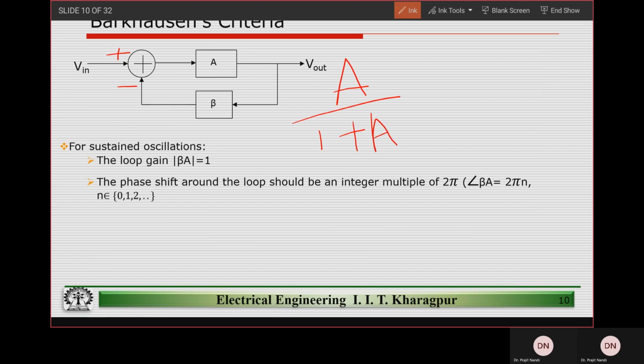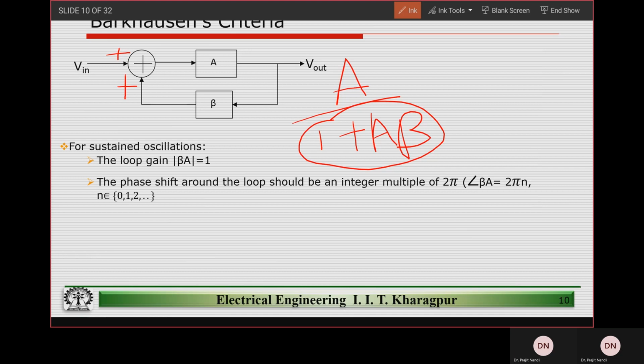So this is a typical negative feedback system. But for the system to oscillate, we need this denominator to be equal to 0, because only then will it start oscillating. That means effectively the overall loop should have positive feedback.